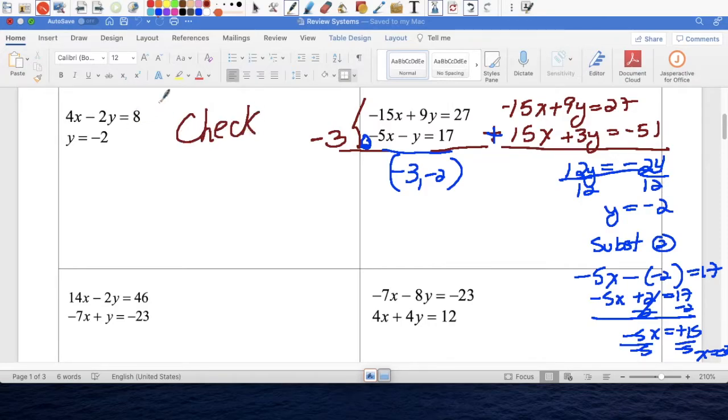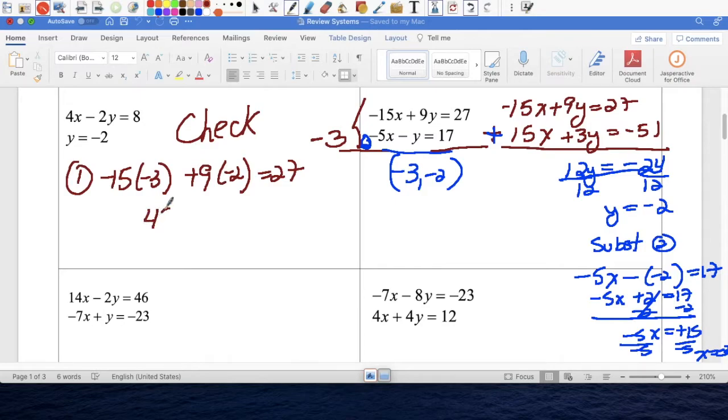Check in equation 1, which is negative 15x plus 9y equals 27. It's negative 15 times negative 3 plus 9 times negative 2 equals 27. Let's see if that's true. Negative 15 times negative 3 is positive 45. 9 times negative 2 is negative 18, equals 27, and 45 minus 18 is 27.